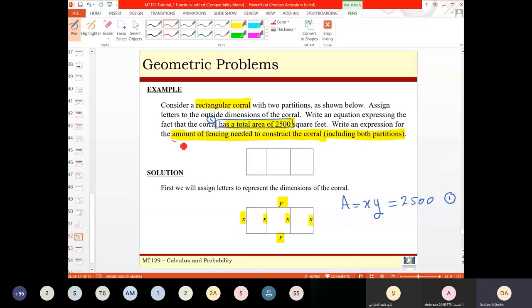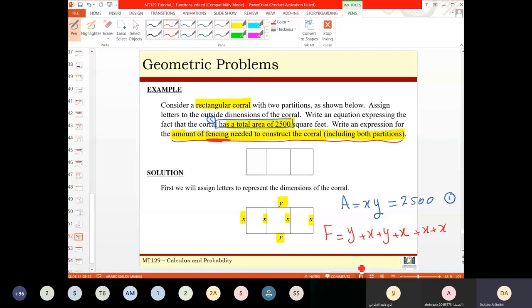The second thing, the amount of fence that I'm going to need to construct the coral. The word fence means the fence. So for the fence I need, I will go Y, X, Y, X. Then I have to include the two partitions, so X and X. So I can say fencing, I'm going to use the letter F. Here I have Y, then X, then Y, then X, then the two partitions are two X's as well.